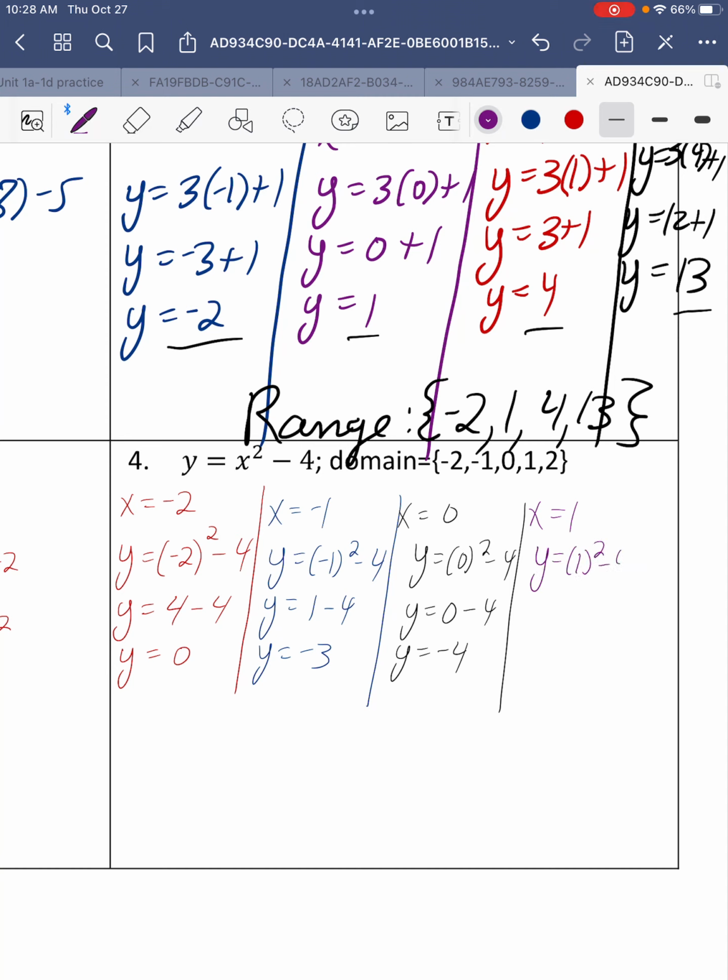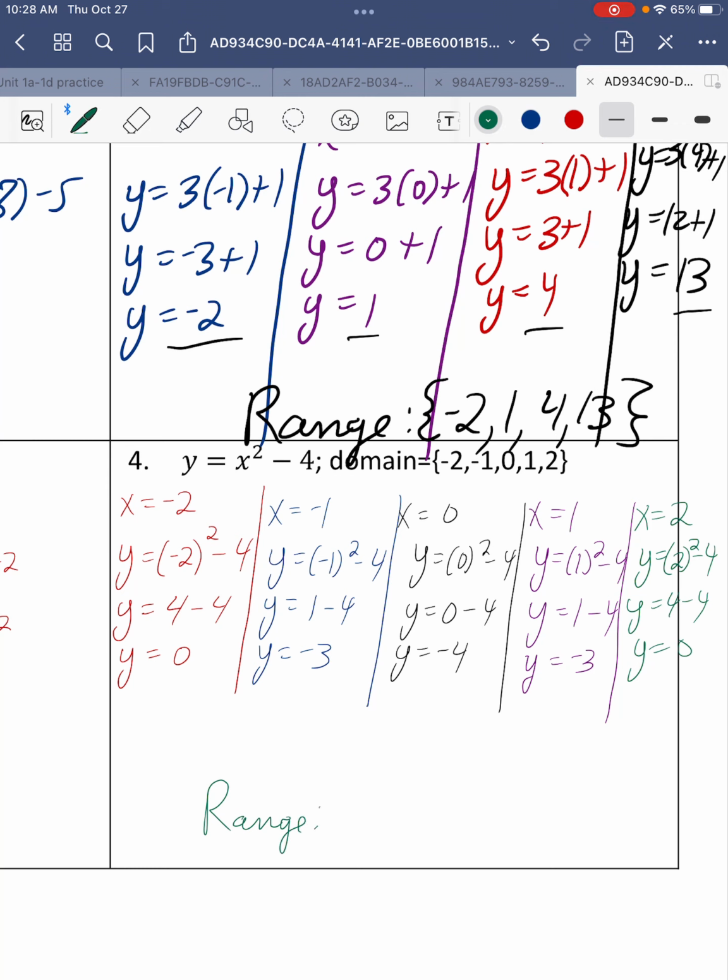There's a lot to substitute in here. 1 squared minus 4. 1 squared is 1, minus 4 is negative 3. And the last, x is going to equal 2. So y equals 2 squared minus 4. 2 squared is 4, minus 4 is 0.